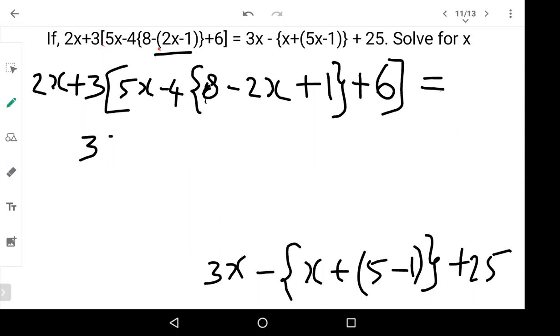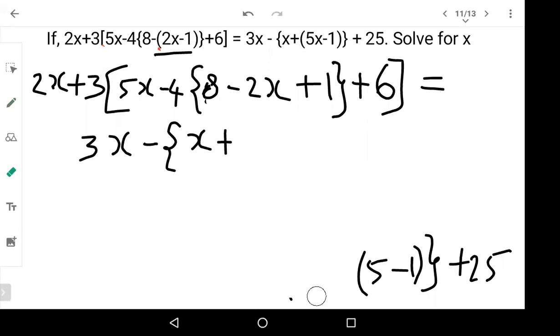So 3x minus, I'll retain the flower bracket, x plus, I will retain everything until here. Now I have 5 minus 1 and the sign outside is plus. So I can take it as plus 1.